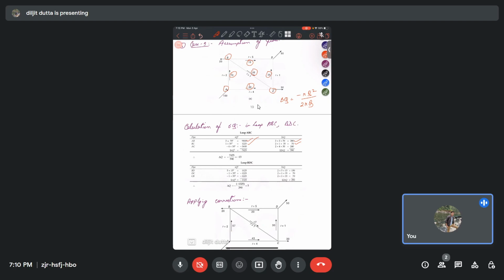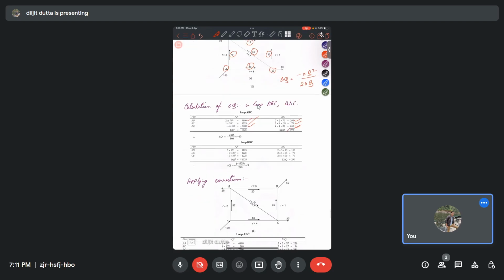And for AC, the flow is anti-clockwise, so it will be negative: minus of 4 into 30 square, that is minus 3600, for RQ square, and 2 into 4 into 30 for the denominator, and the denominator is always positive. So we get the total numerator as 590 and the total denominator as 7425, so the delta Q comes as approximately minus 13.